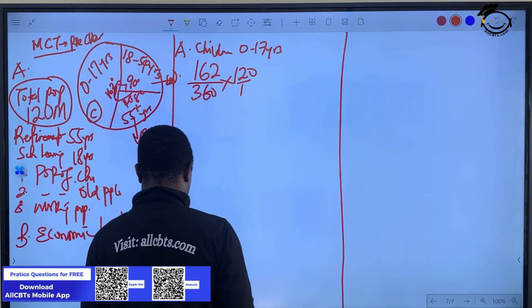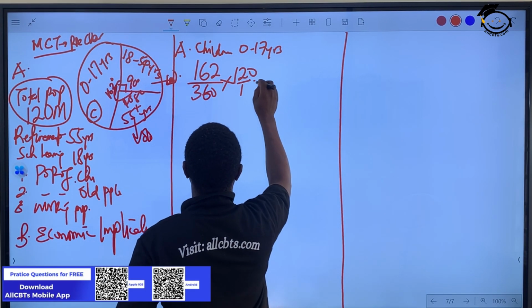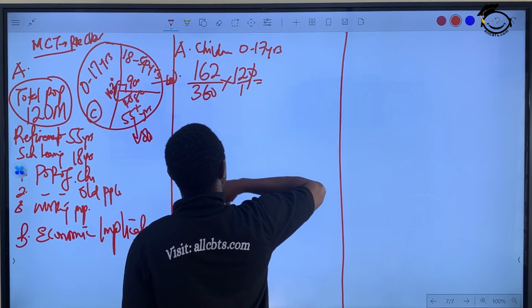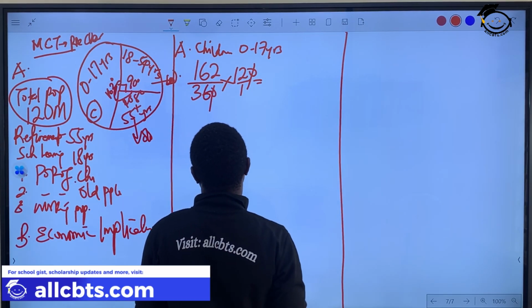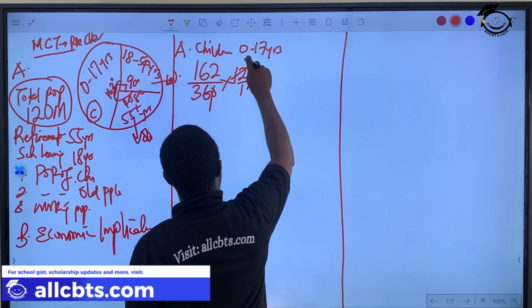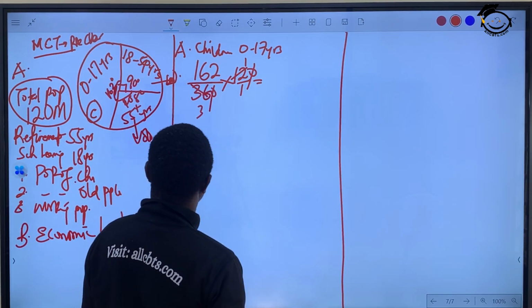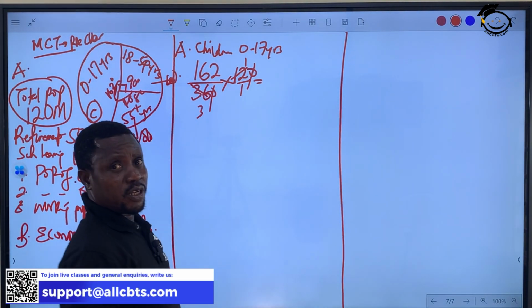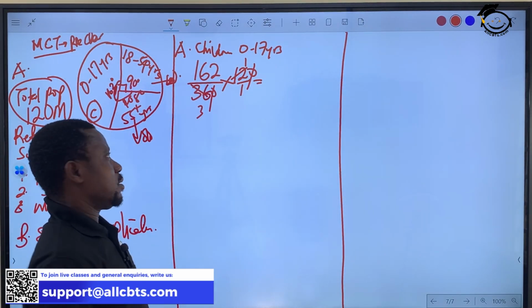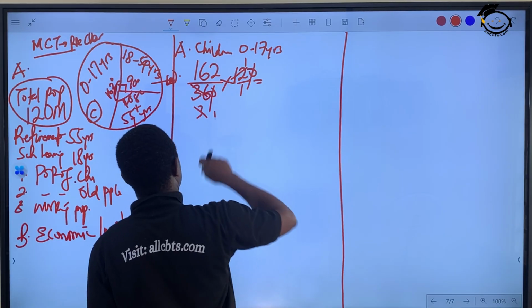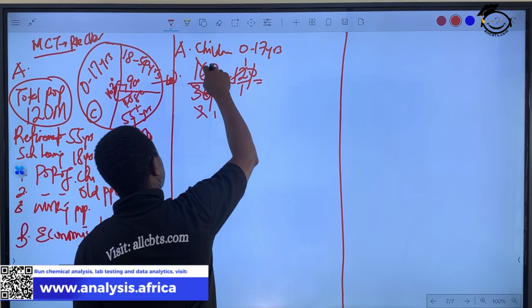Very well. 0 cancels 0, right? And 12 goes here, 1. How many 12 goes here? 3. 3 times 12 is 36. So we have 3 now. 3 goes here, 1. How many 3 goes in 16?